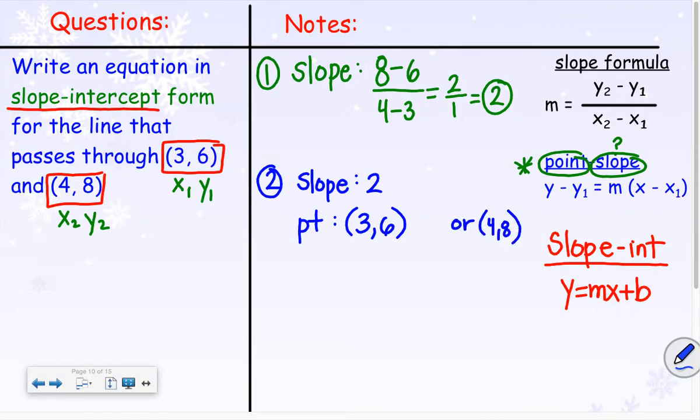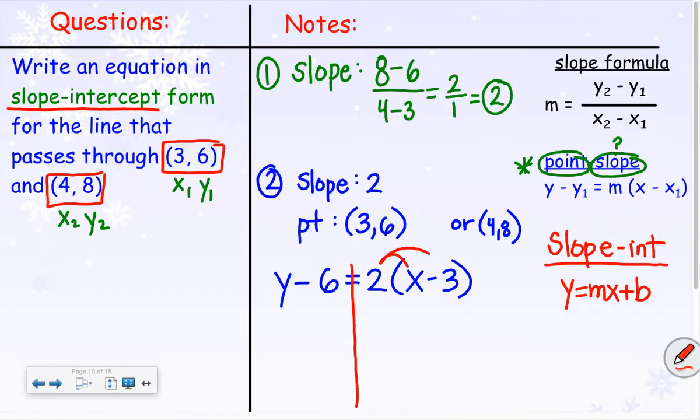You choose which one you want. So y minus my y coordinate equals my slope times x minus my x coordinate. That's step 2.